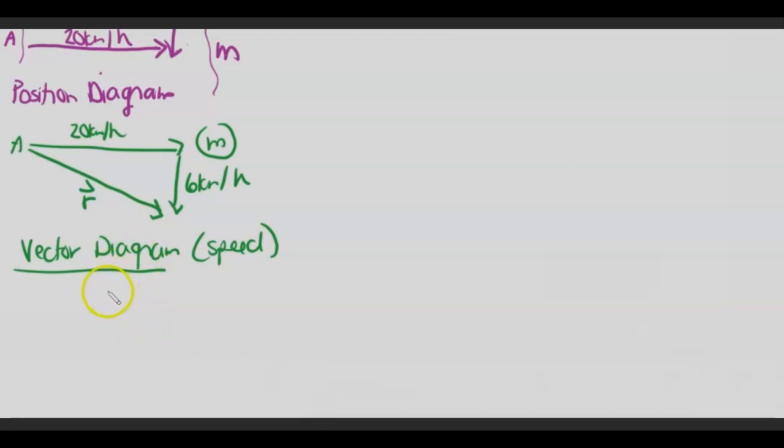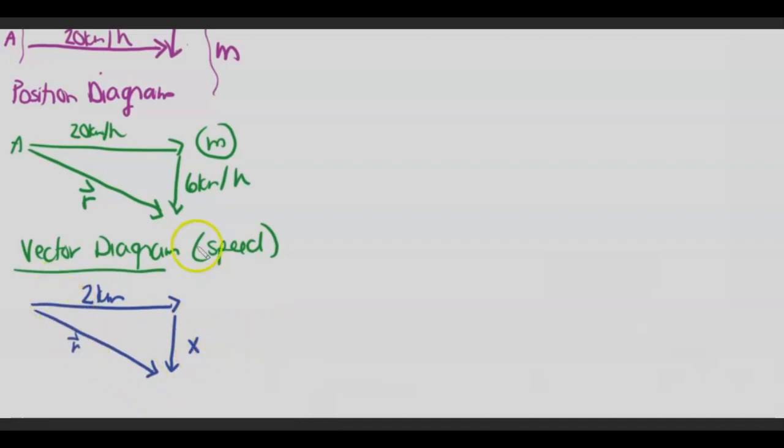So A, how far downstream from the marina will the current push the boat? So what we have to do is make another diagram for the distance. Okay, so we know that this is going to be 2 kilometers. We don't know the distance that she's going to be pushed downstream, so we'll leave that as X. And this is going to be the resultant.